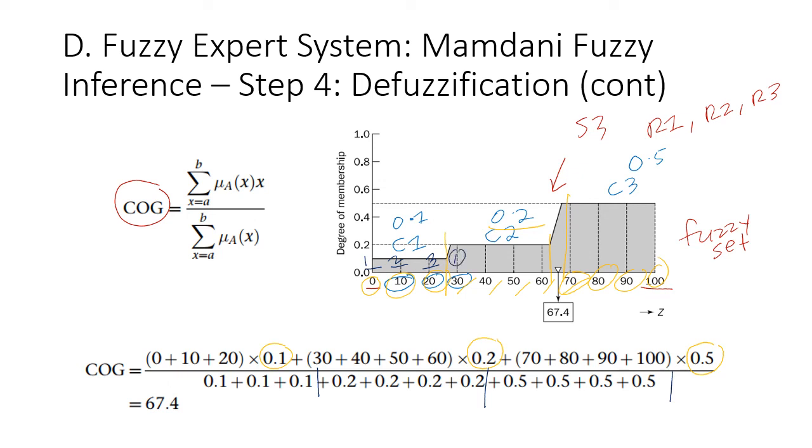So this is 1, 2, 3, and 4. And the membership degree is 0.2. That's why we are adding 4 of 0.2. And therefore, as for 0.5, which is the membership degree of set C3, there are 4 intervals, so 0.5 is added 4 times. And then the result of this whole operation is 67.4, which is a crisp value.